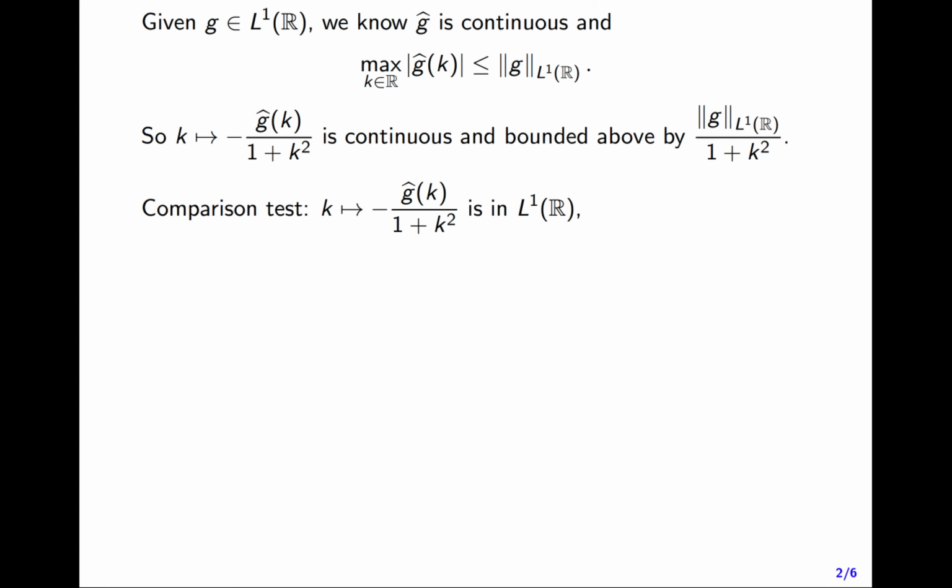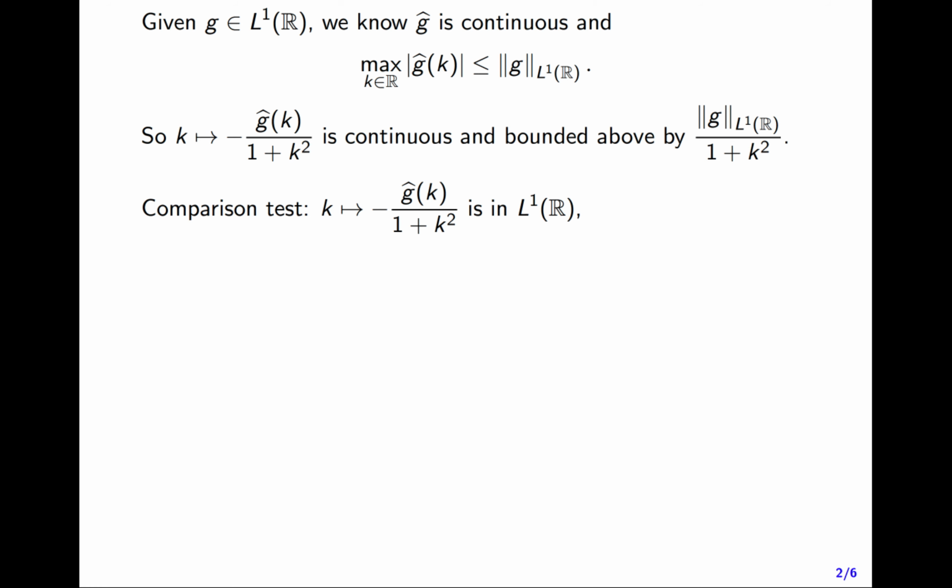So let's look at the mapping that's inside those square brackets. k is mapped to minus g hat of k over 1 plus k squared. This is a continuous mapping, because clearly 1 plus k squared is continuous and g hat is continuous. And it's bounded above by the L1 norm of g divided by 1 plus k squared.